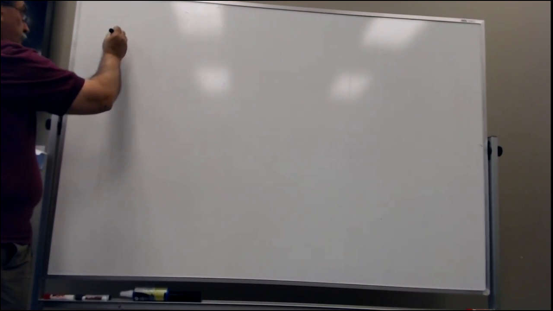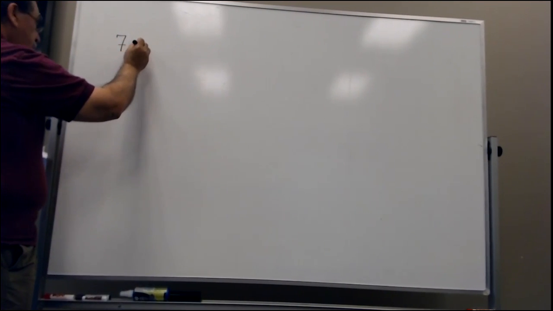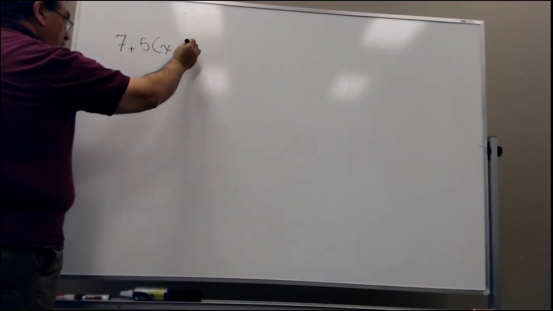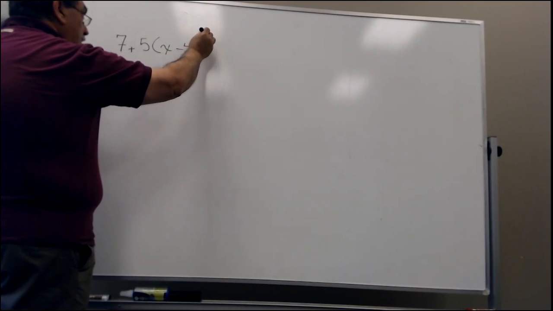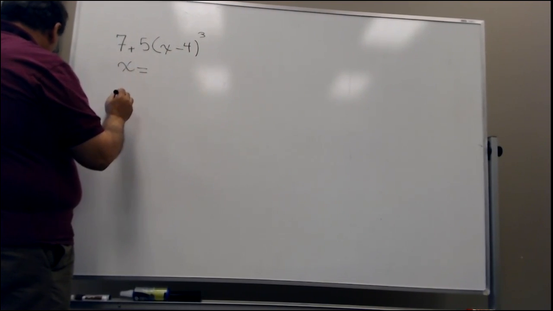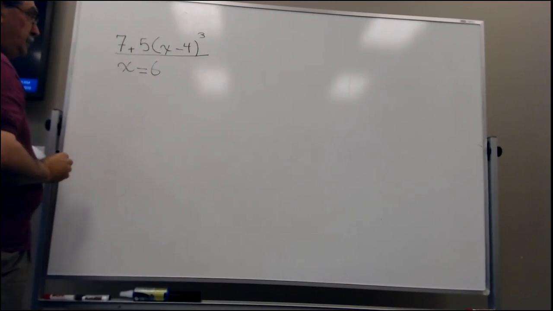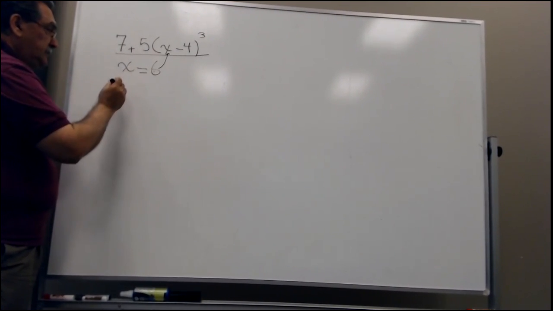We want to find 7 plus 5 times (x minus 4) to the power of 3, where x is equal to 6. We want to solve this function. So we plug 6 into x.